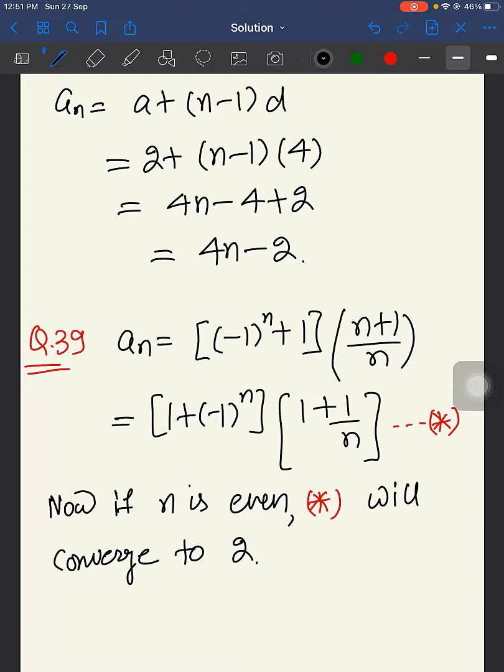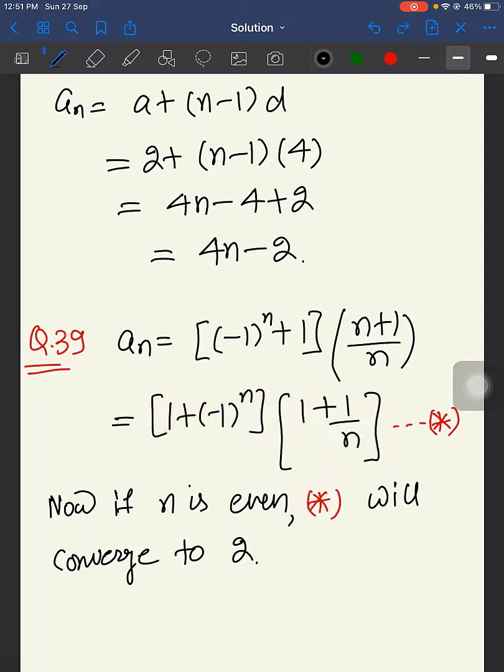Why? Because this expression for n even will become 2 and this expression will become 0 as we take n tends to infinity, so this expression will become 1. So 2 into 1, it will go to 2, right?